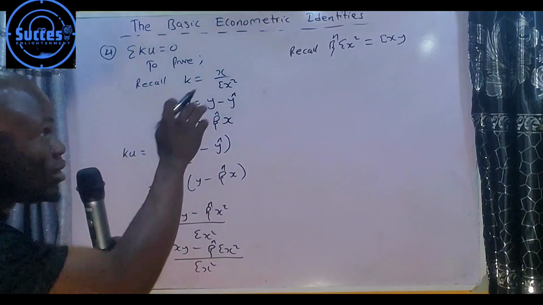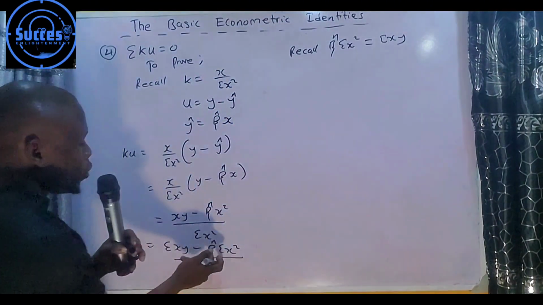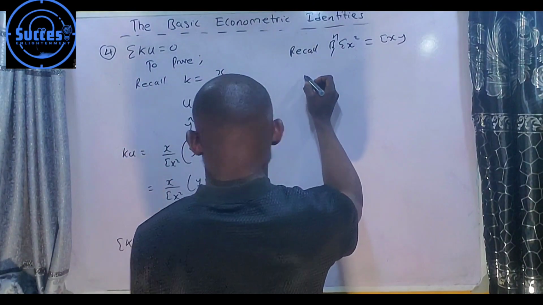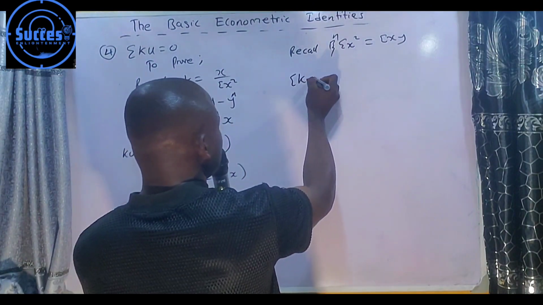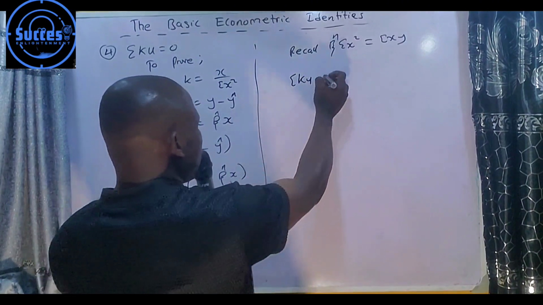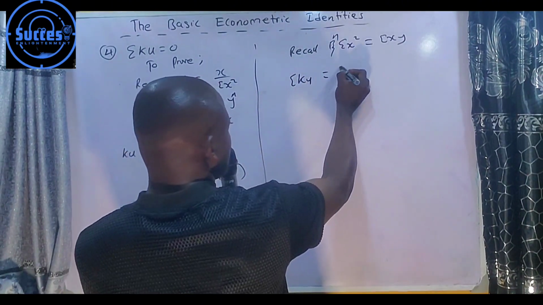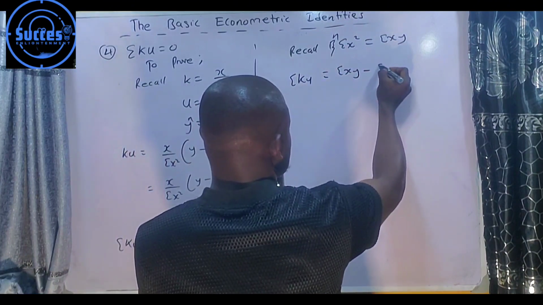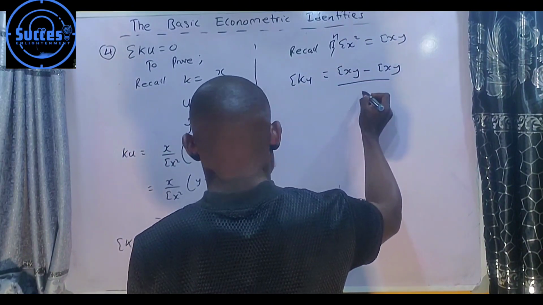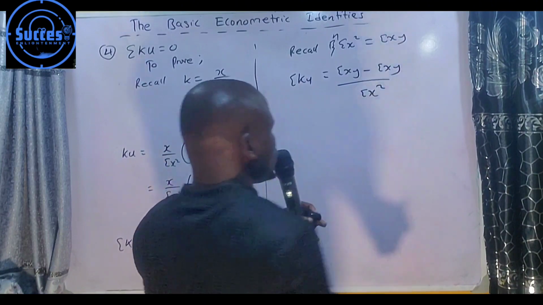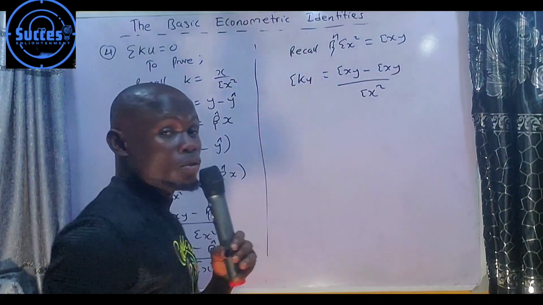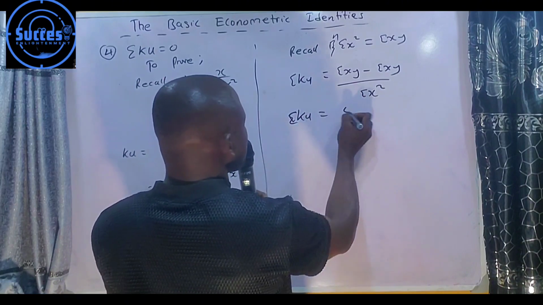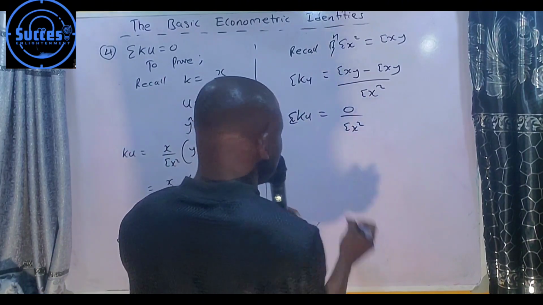So just substitute this for beta cap summation x squared. Our summation ku equals summation xy minus summation xy all over summation x squared. So this minus this gives you 0, so summation ku equals 0 all over summation x squared.